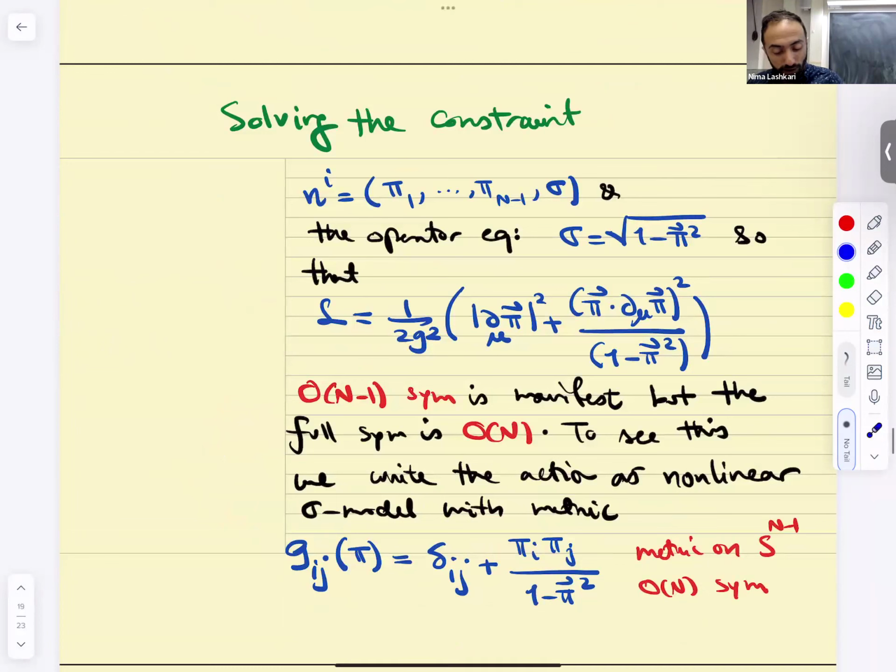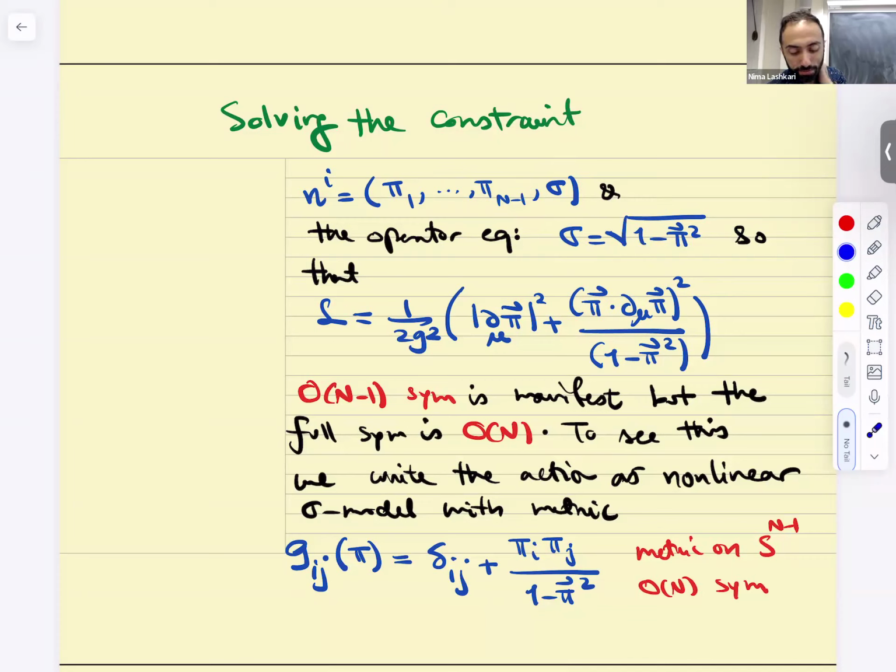Now we're going to try to solve for the constraint. So we're going to take the fields pi^1 to pi^(n-1), and this sigma is an operator equation I have to include. Sigma is not a brand new field, it's just this combination of fields.